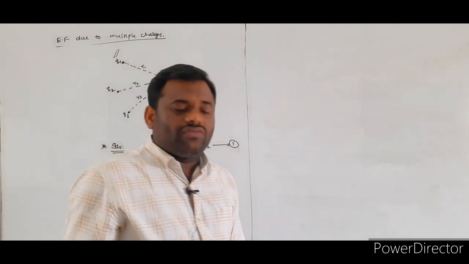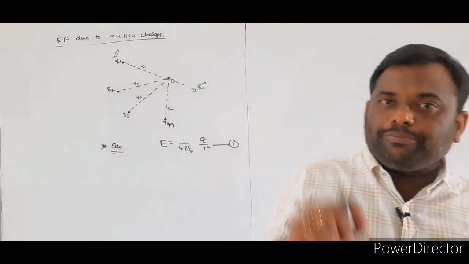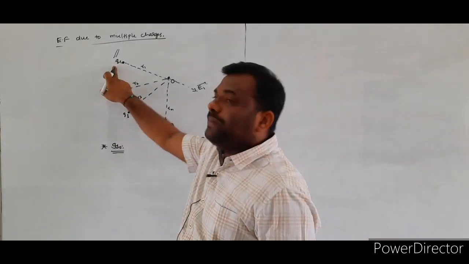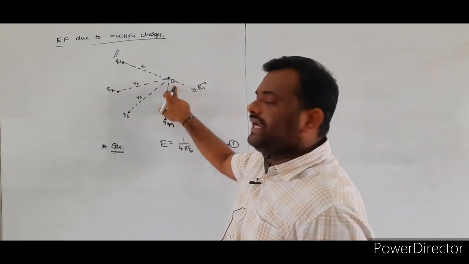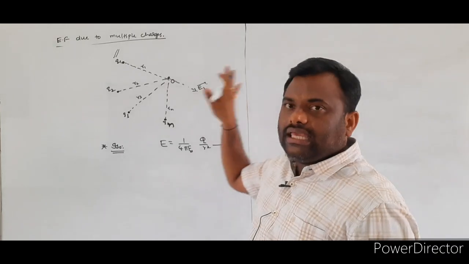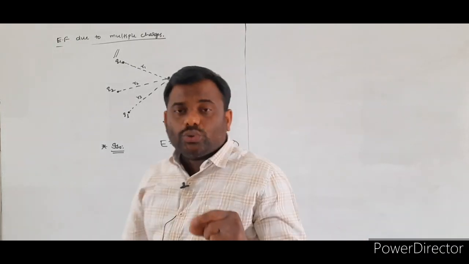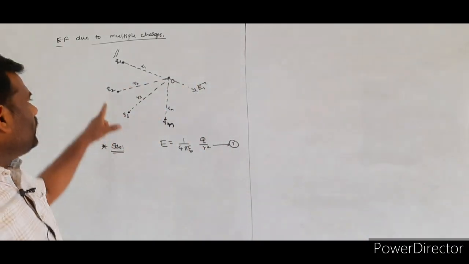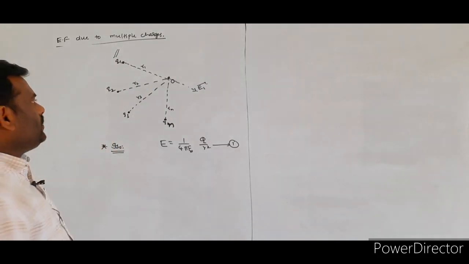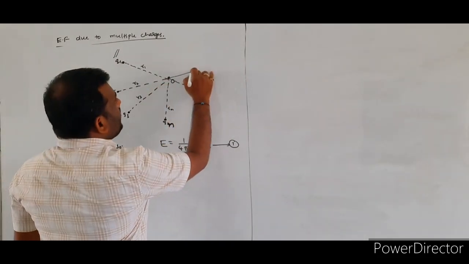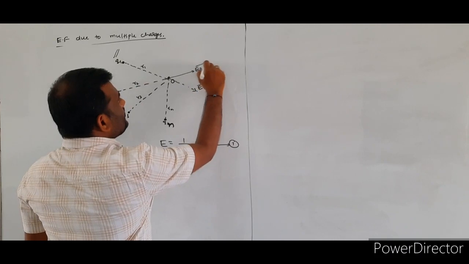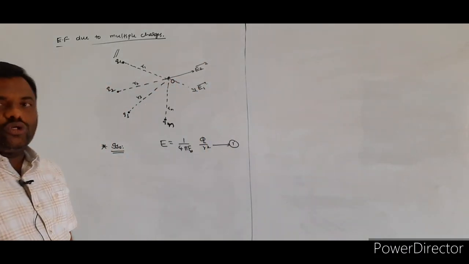E1 bar is indicating what? Electric field intensity produced by the charged particle Q1 at the point O, that is called E1 bar. Similarly, due to another charged particle Q2, at the point O, another electric field will be produced that will be represented by E2 bar.